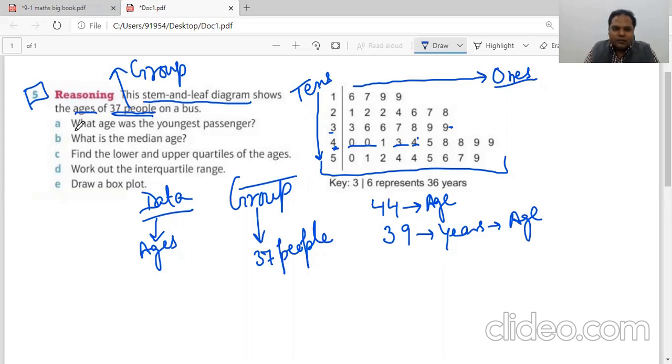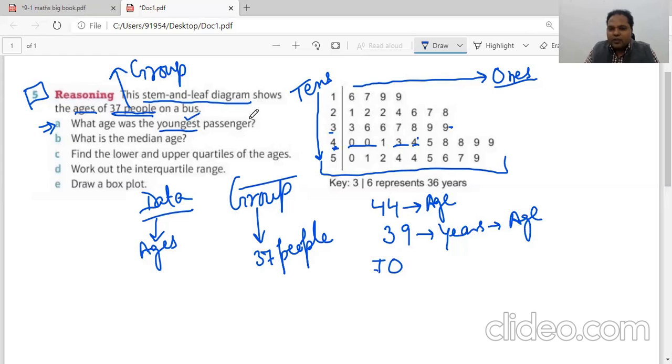Now let's see what we have in the first question. The first question says, what age was the youngest passenger? This question is talking about the youngest passenger. That means the age which will have a tens and a ones has to be the smallest of all these numbers. The tens has to be the smallest because we are talking about the youngest passenger.